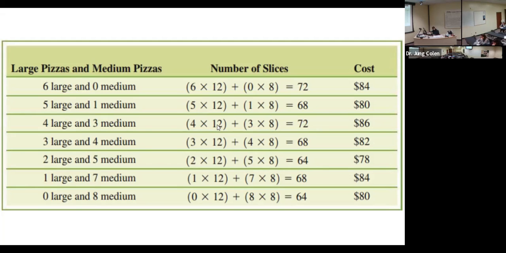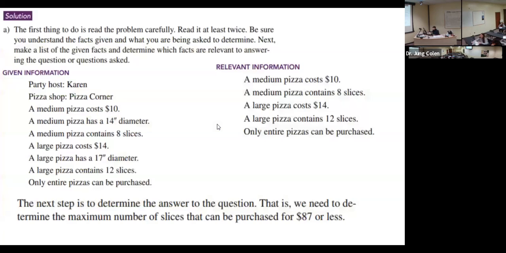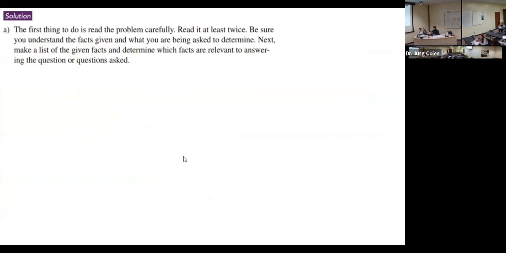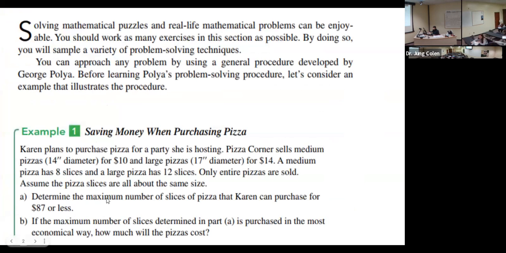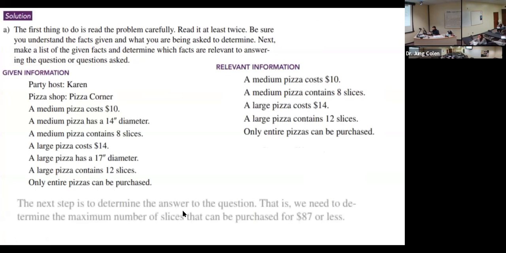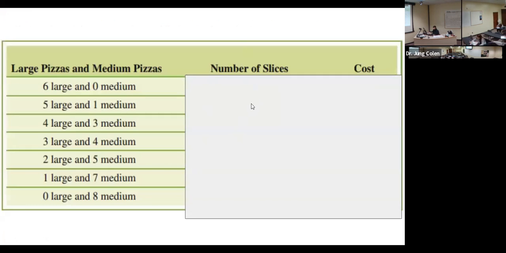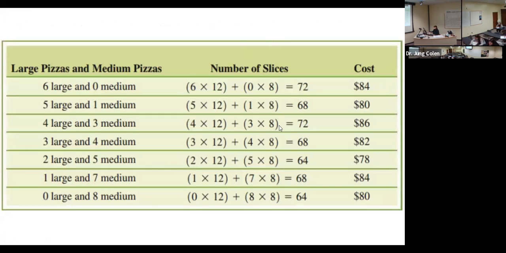Now, what was the question? We have 2 questions. What was the first question? Number of slices of pizza per order. Right. So we need to find the maximum number of slices of pizza. So these are the possible ways to have the number of slices and the cost. And we are concerned about what is the maximum number of slices.